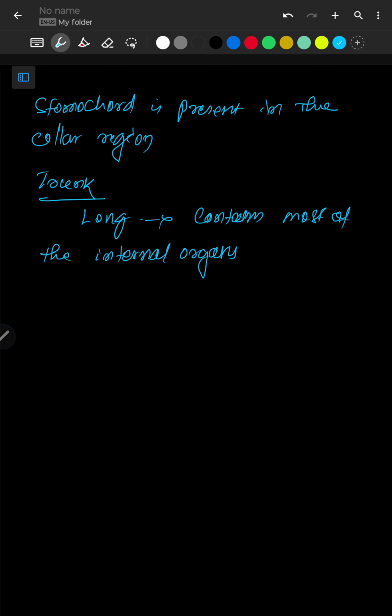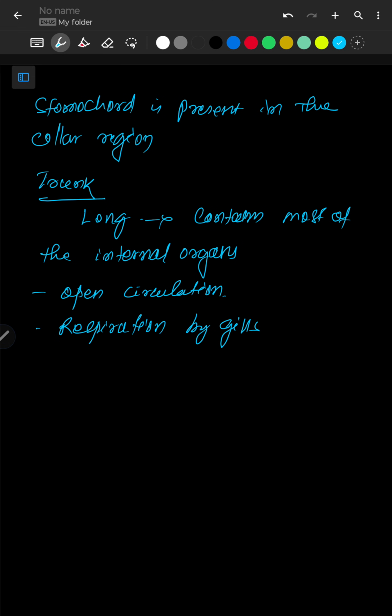Now circulatory system is open circulation. Next, respiration by gills. Through the gill slits, the water enters and the gaseous exchange takes place through the gills.